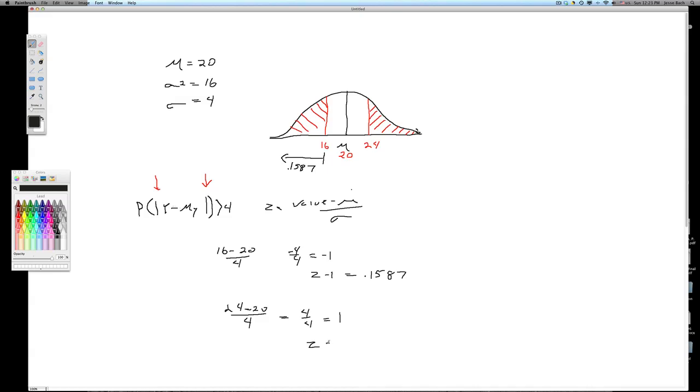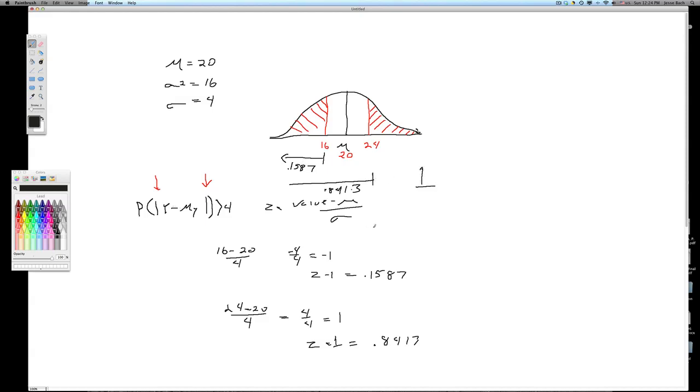The z of 1 equals 0.8413. So this is telling you that the overall value right here is 0.8413. Now this is kind of neat because if you take 0.8413, add it to 0.1587, that gives you 1 right here.